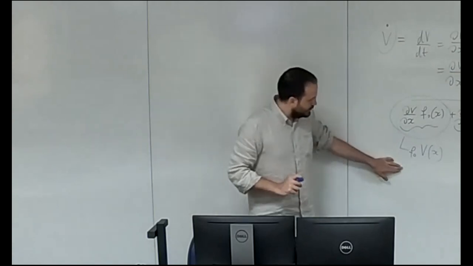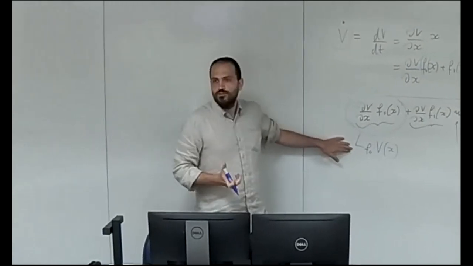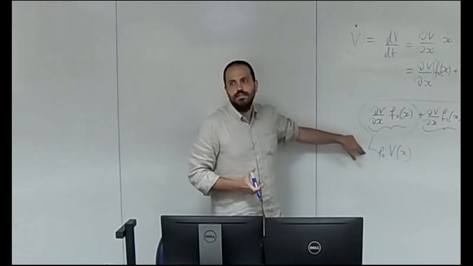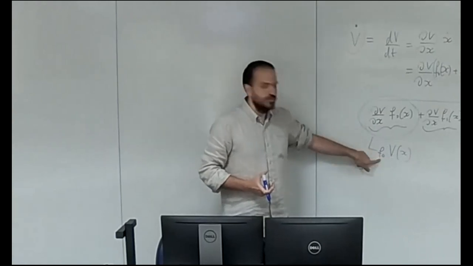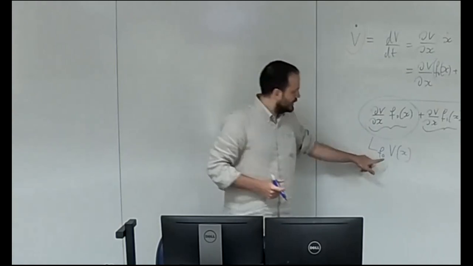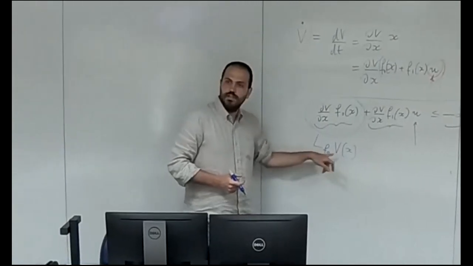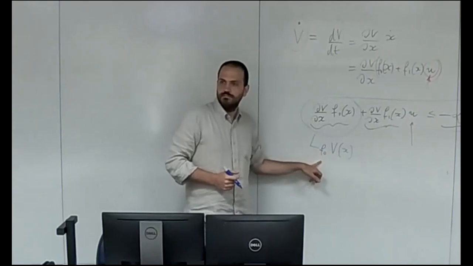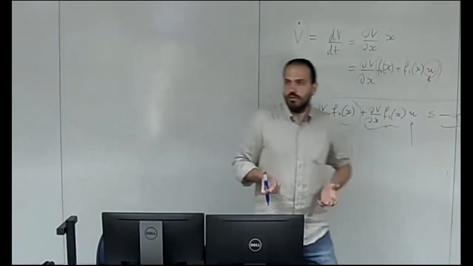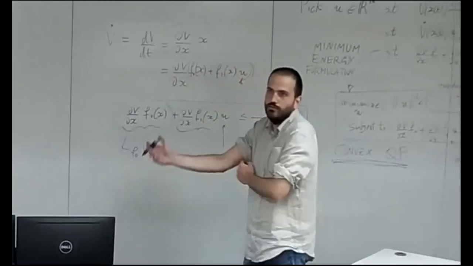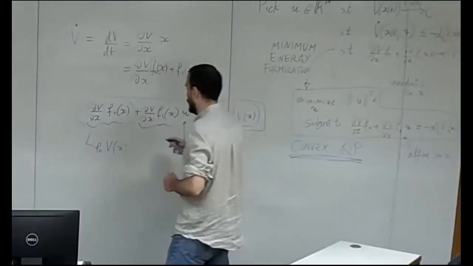That's used a lot in differential topology and differential geometry. It's known as the Lie derivative of V in the direction of f. That's the derivative of a function in the direction of a vector, which generalizes the directional derivative that we have for multivariable problems.